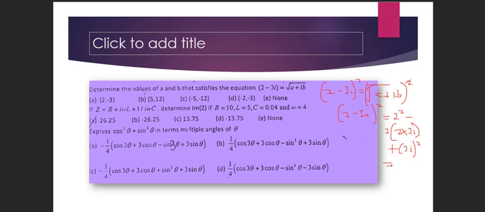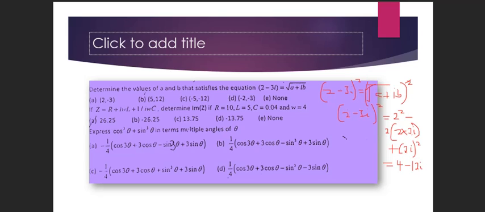So when you expand this, 2 exponent 2 is 4, and then 2 by 3 is 6i, multiplied by 2 is 12i. That's minus 12i.